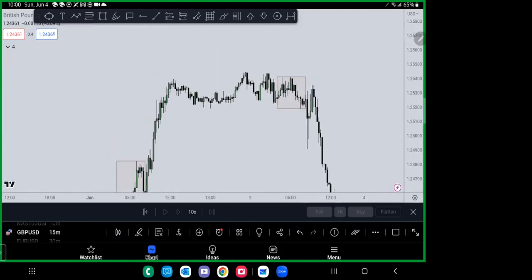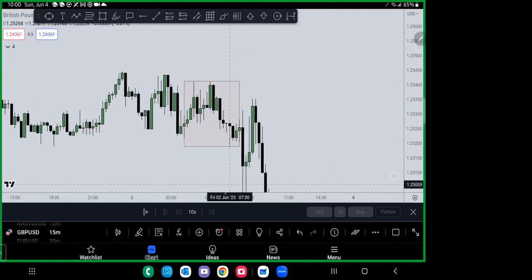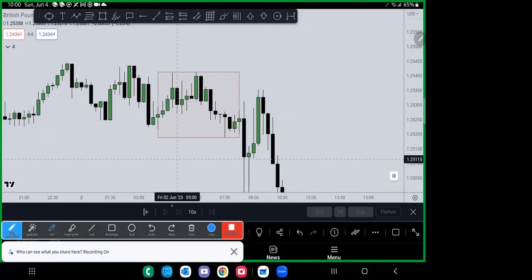All right, look at this range of price. Looking at this range of price, sell side, buy side, sell side, buy side, right? Sell side, buy side, sell side, buy side, right? Efficiently traded, right? Okay.